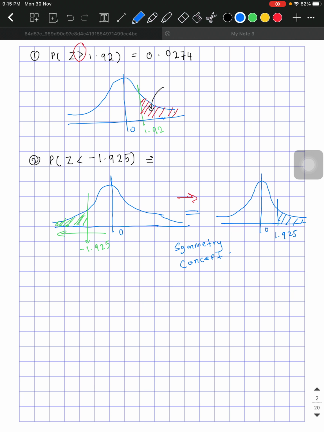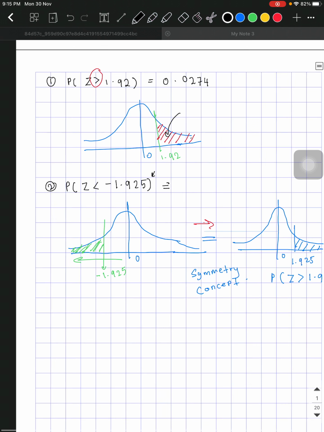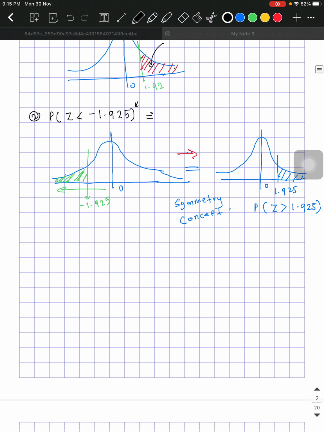And from here you need to write down P(Z is more than 1.925).